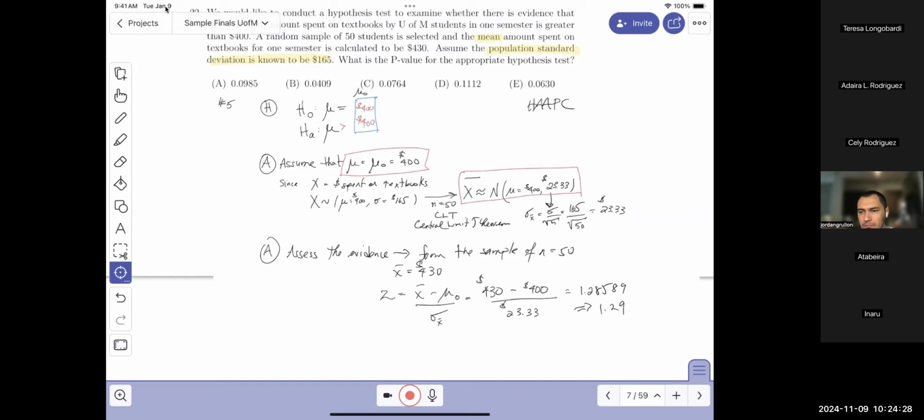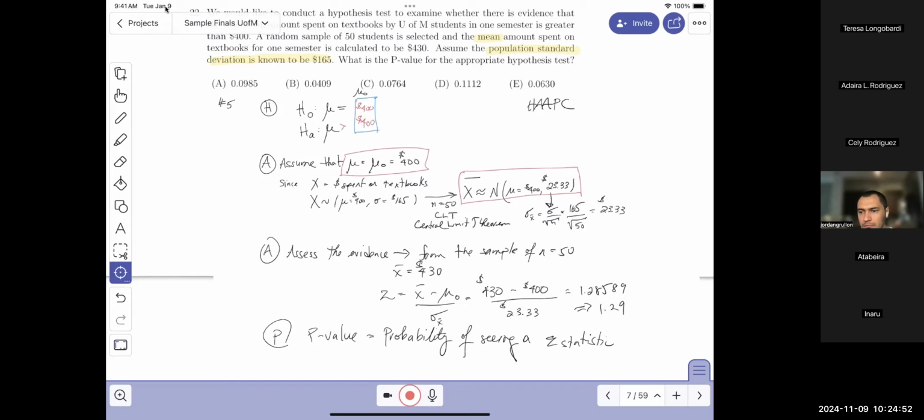So how we're going to check the percentage is to calculate the p-value. The p-value is the probability of seeing a Z statistic, because this is a statistic. Remember what a statistic is from the first class. It's a number calculated from a sample.